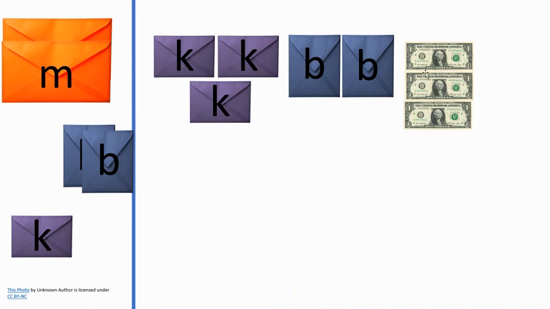So I have $3 plus whatever is here, plus whatever is here. What would happen if someone told me, hey, you have that, but you have that 2 times? So now I have this, but I have it twice. What would that look like?